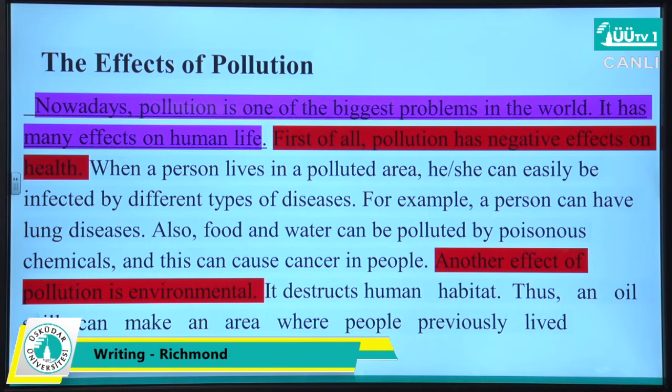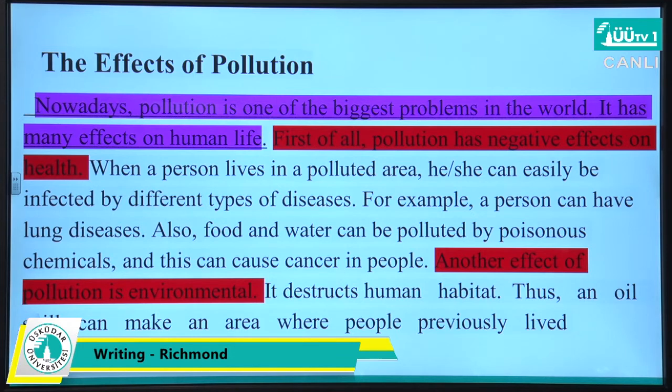So our paragraph starts with a general statement. Our general statement is, as we see, nowadays pollution is one of the biggest problems in the world. It has many effects on human life. So the second sentence after the general statement is, it has many effects on human life.